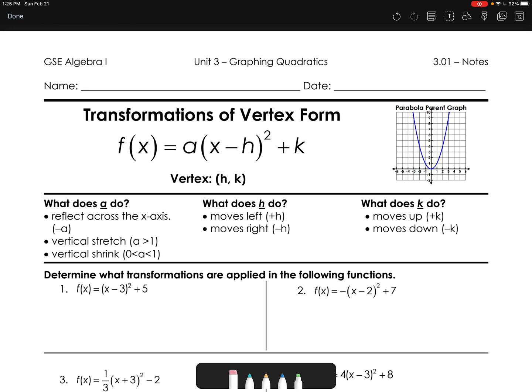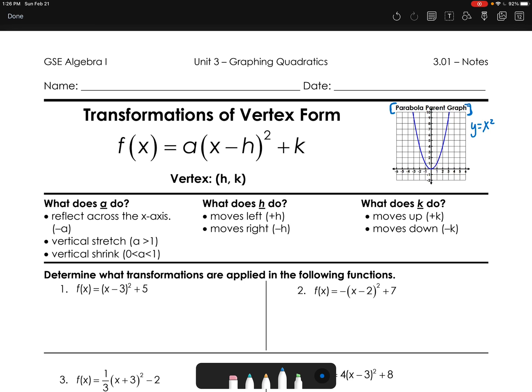So in class, we looked at Desmos and talked about how these different transformations affected the parent function here. And you can see this over here. This is called the parent graph of a quadratic.